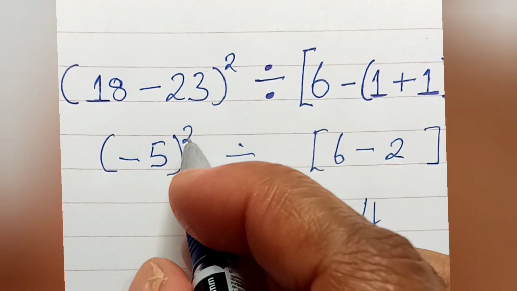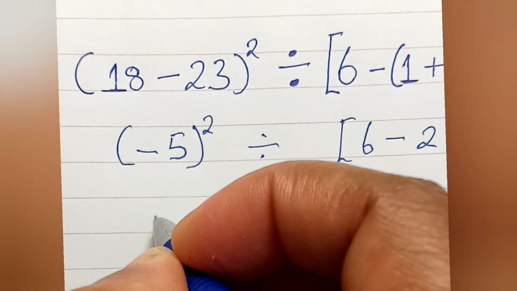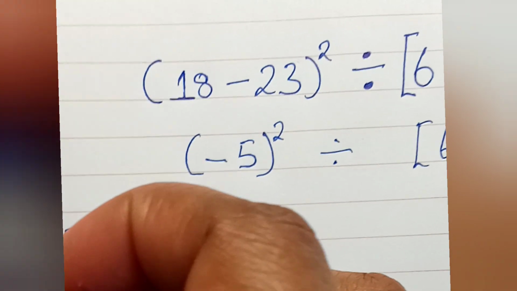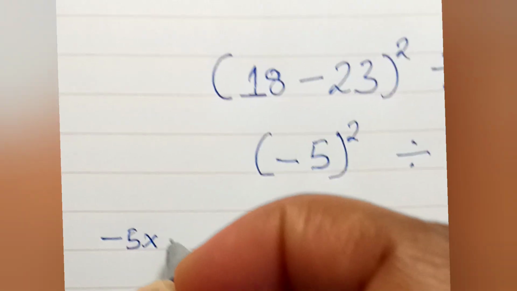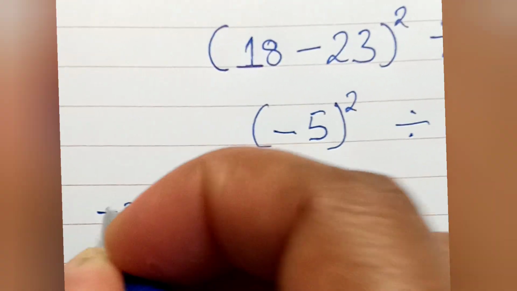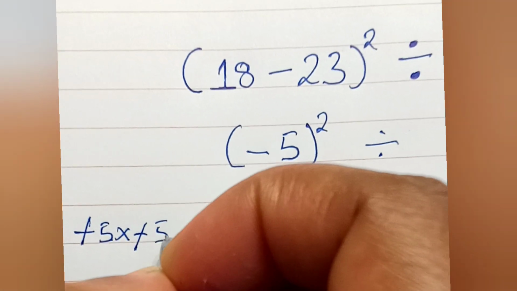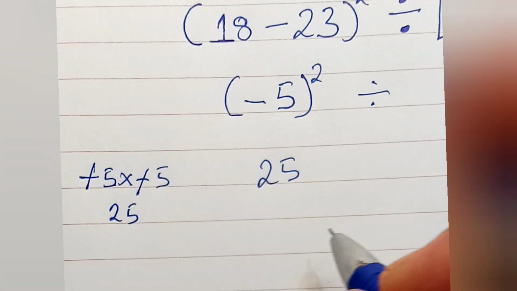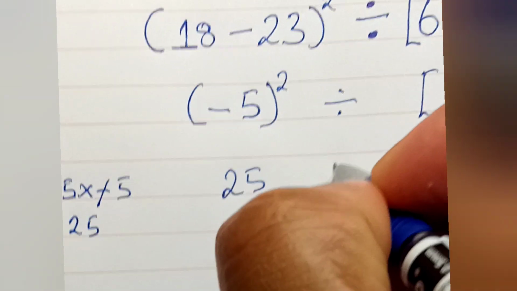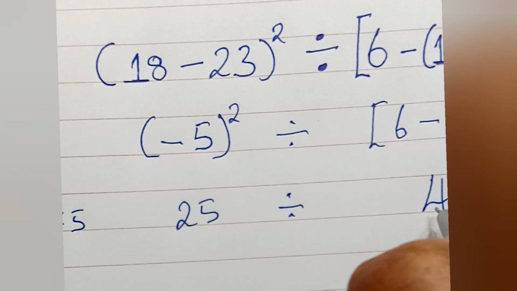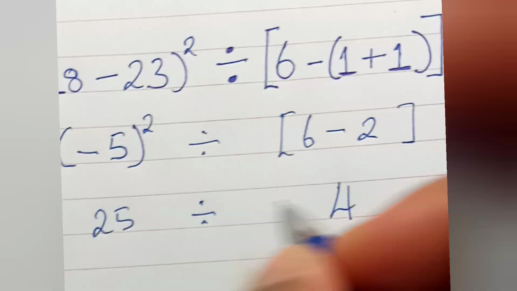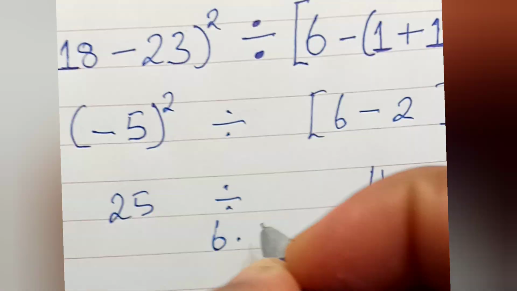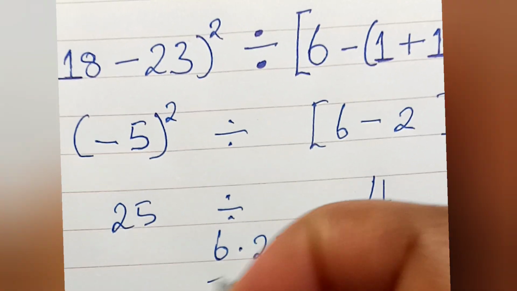Minus 5 squared gives us 25, because minus 5 multiplied by minus 5, the minuses cancel, so 5 multiplied by 5 gives us 25. So 25 divided by 4 will give us 6.25.